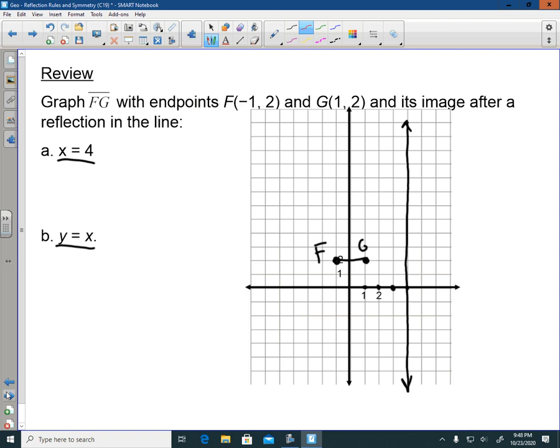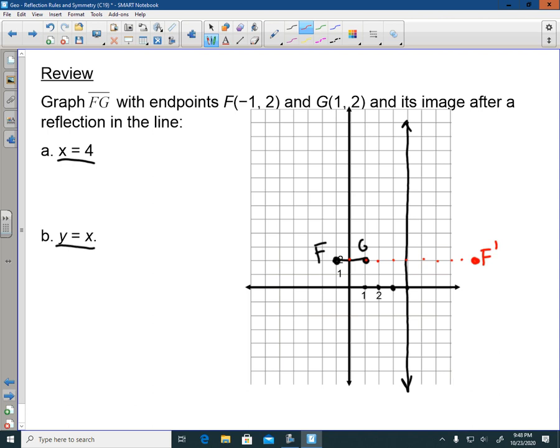So let's take F, and we count 1, 2, 3, 4, 5 spaces to that line. 1, 2, 3, 4, 5 over, and we get F prime. Remember, we call it F prime because we want to be able to tell the difference between F and the reflected image of F, F prime.